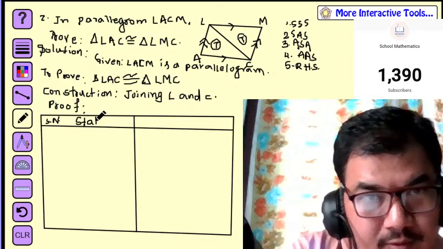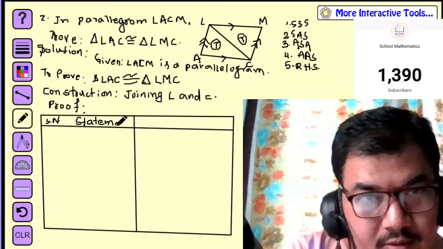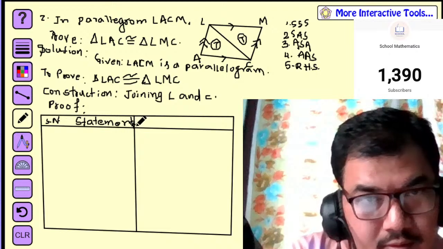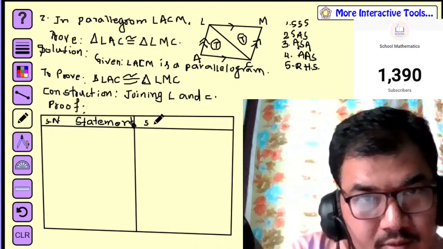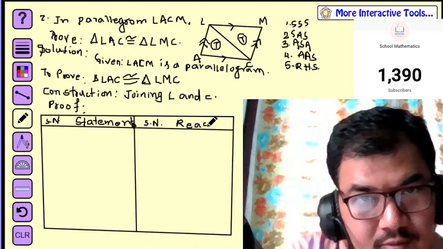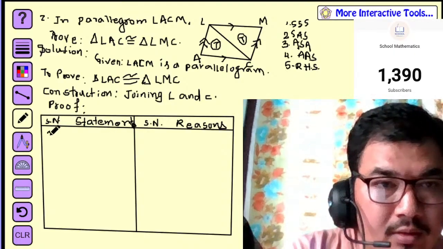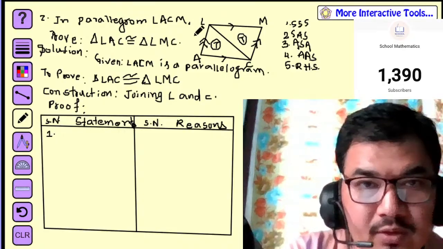Whenever you prove triangles congruent, this is the statement column, and here write down serial number and reason. This part is for serial number and reason. Clear? Then number one: which triangles are you going to show congruent?